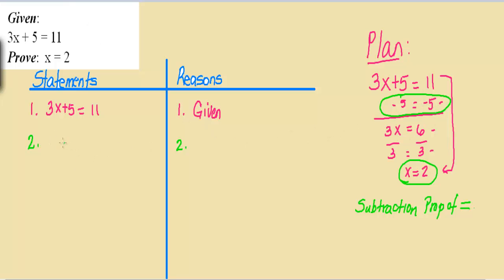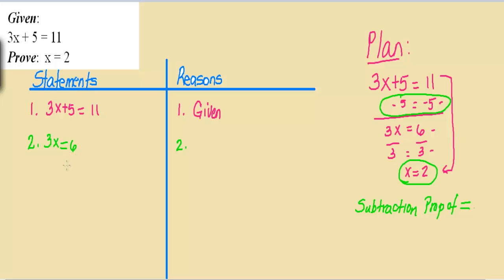And before I can write 3x is equal to 6, I have to state that 5 is equal to 5. Because the next property I'm going to use is, if you subtract the same number, someone can come and say, wait a minute, how did you get to 3x equal to 6?